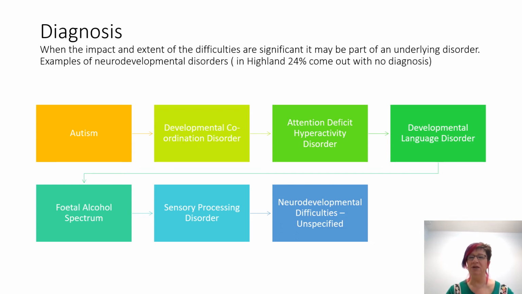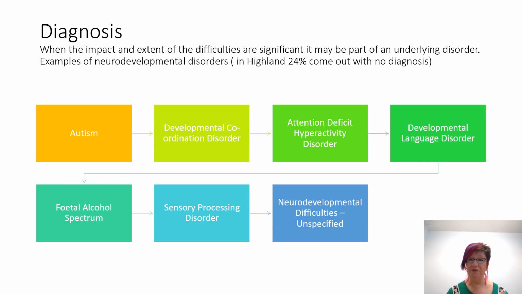And when we looked at it and we talked about it, he'd scored quite highly on ADHD, he'd scored quite highly on autism, but he hadn't scored highly enough to get either of those diagnoses. However, it was recognised that he had significant neurodevelopmental difficulties, but that was unspecified as to what that difficulty was.